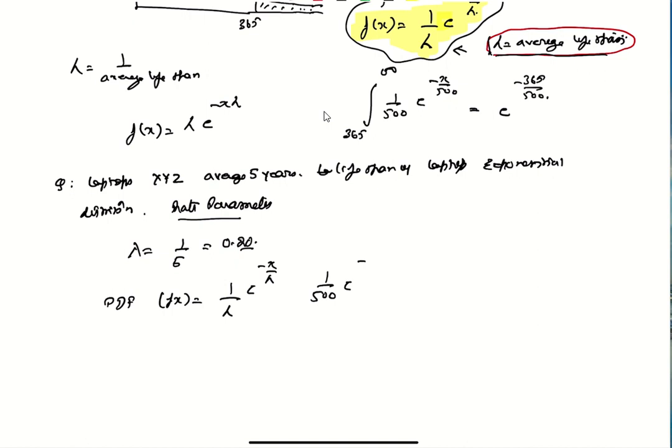If x is whatever number it is, if x is 3, then it's going to be minus 3 upon 5. So that is going to be your PDF of it. Then you just calculate that depending on what you want it to be.